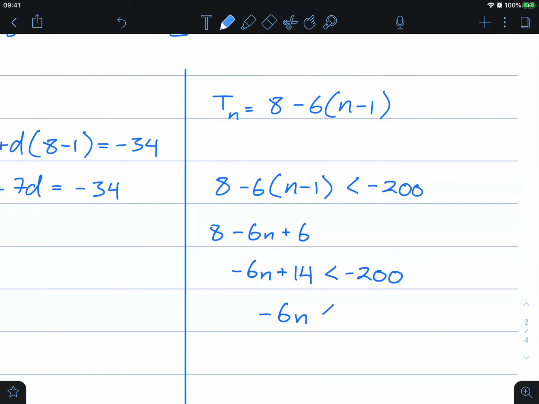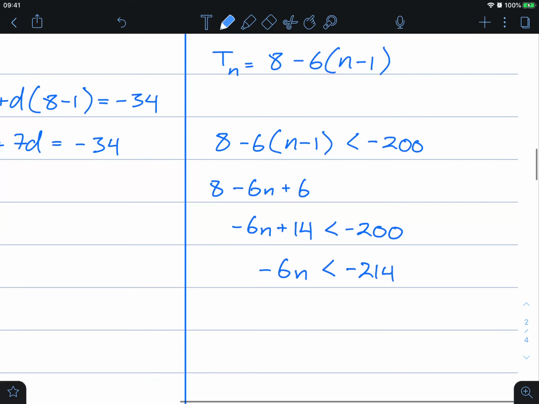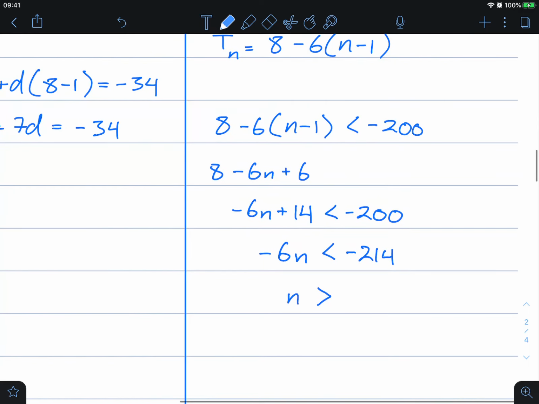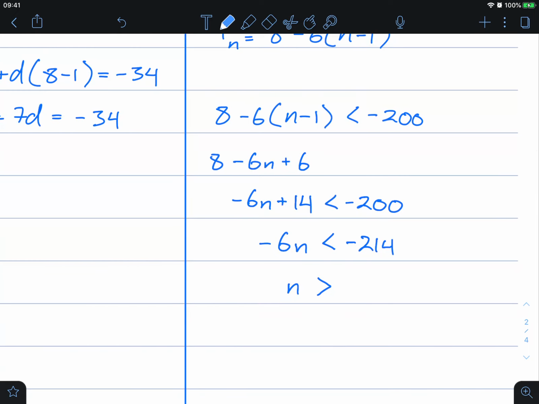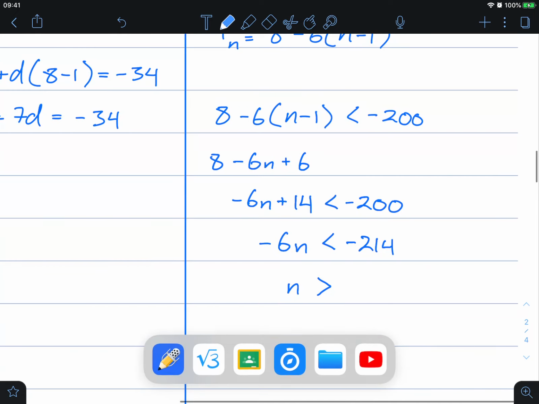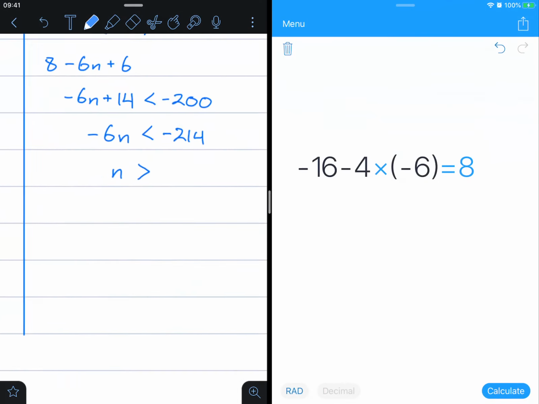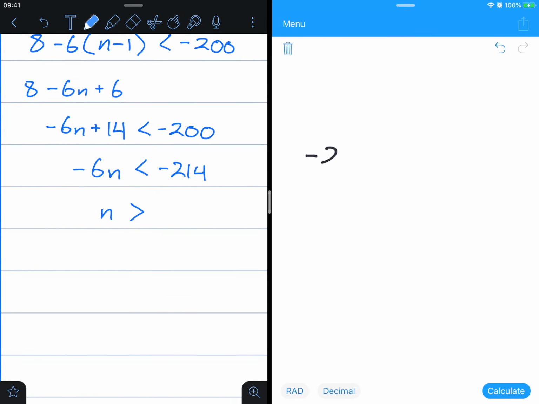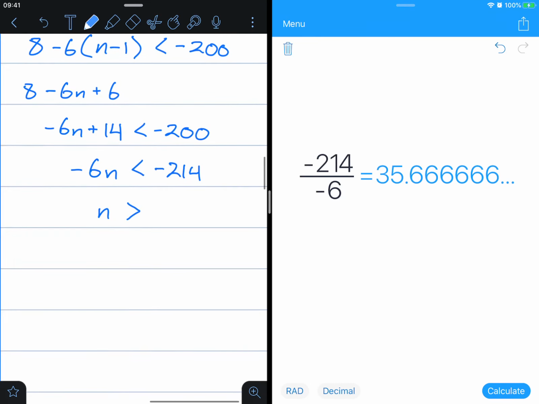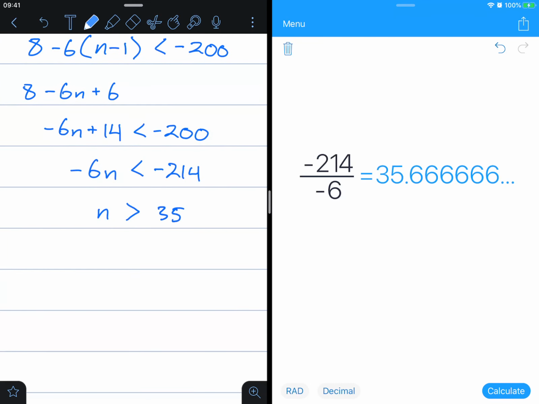Negative 6n is less than negative 214. Dividing by negative 6, we flip the inequality sign. So negative 214 divided by negative 6, we get 35.6 recurring.